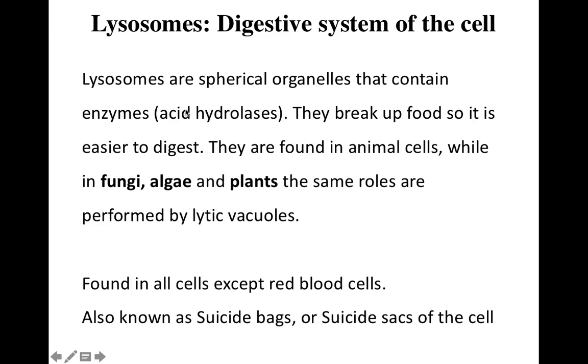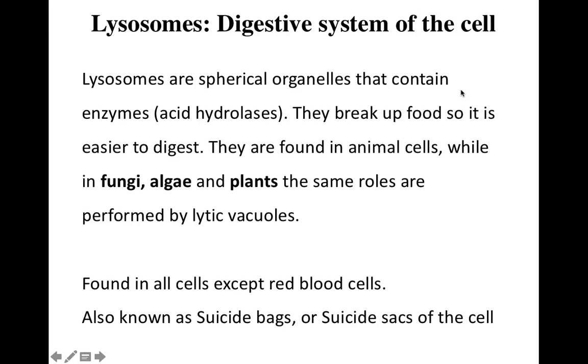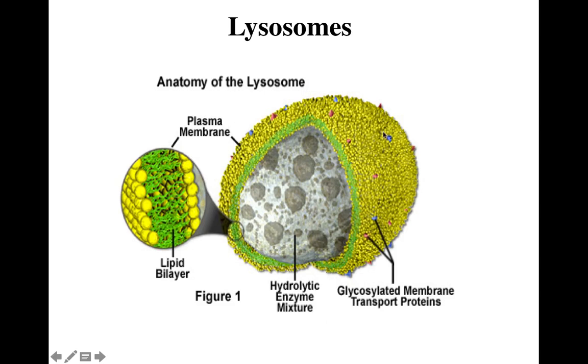So these enzymes work at a lower pH comparatively, lower as compared to the cytoplasm. Inside the cytoplasm, the pH is around 7, while inside the lysosomes, this varies between 4.8 to 5, and outside it's 7 to 7.2.